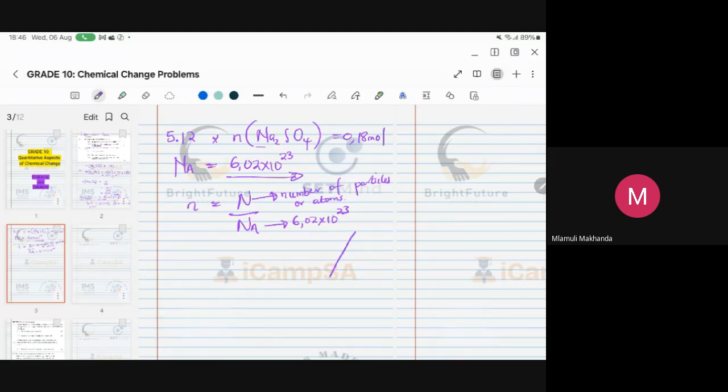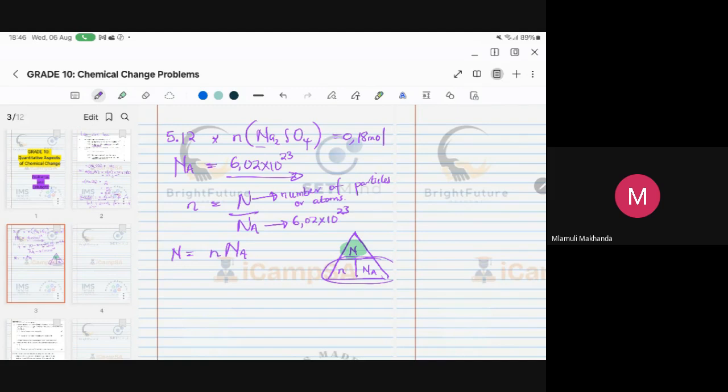Remember, if you have your triangle, and we did this triangle in our previous lesson, I can just show you quick. This is what it looks like. In this case, we are looking for N, so we shade N, and therefore everything else is part of the formula. So N will be simply n times Na. Right, that's how it works.